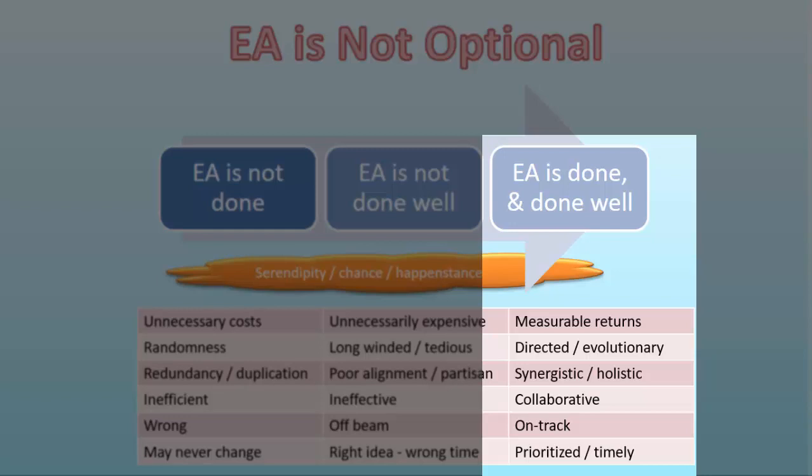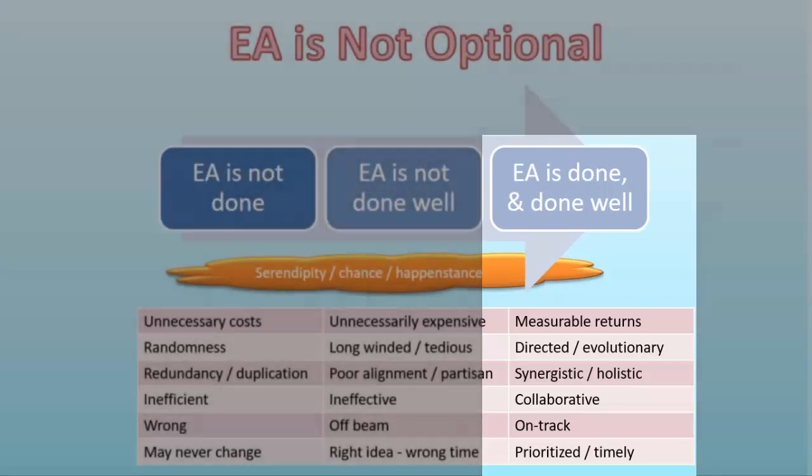The use of the architecture is very collaborative. The way in which the architecture evolves is collaborative. Everyone in the organization is involved working together. When changes happen, when the architecture is changed, it happens on time. It's very timely, it's prioritized, you get the right architecture in the right place at the right time.